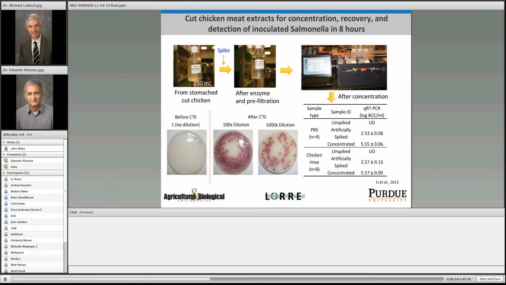In this solution, we spike the salmonella cells, and after stomaching, as I mentioned before, it would be very challenging to concentrate and recover cells in this sample without some initial pretreatment.